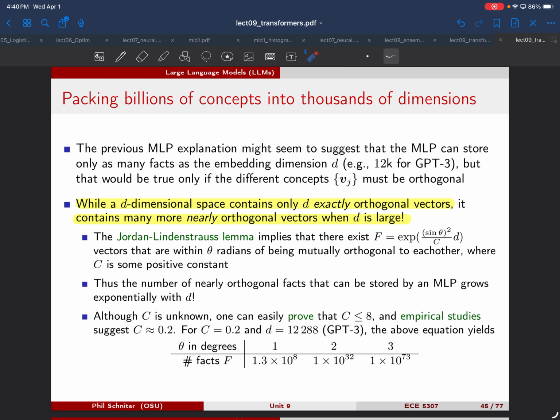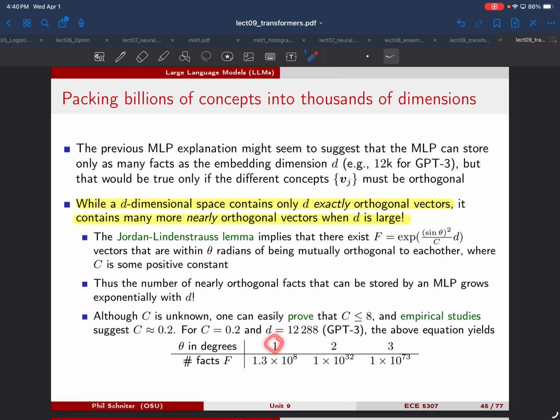The bigger that you allow theta, which is how much you can depart from perfect orthogonality, the bigger f gets. And if we plug in some numbers, you can prove that c has to be less than or equal to 8, but people think it's actually closer to 0.2. So if you plug in 0.2, and for d you plug in this GPT-3 dimension, and then you look at different thetas in degrees, how many facts you can store.